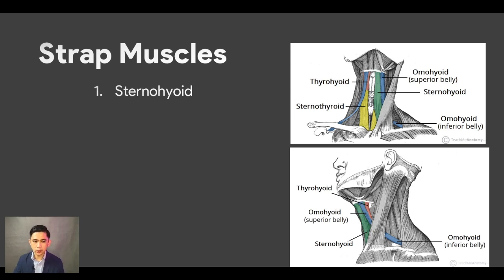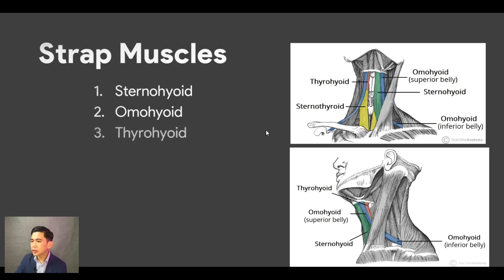As such, it is called sternohyoid. Next is the omohyoid. Omohyoid is a very unique muscle wherein it comes from the hyoid bone, and it goes down and it goes sideways. That's the only strap muscle that goes sideways.